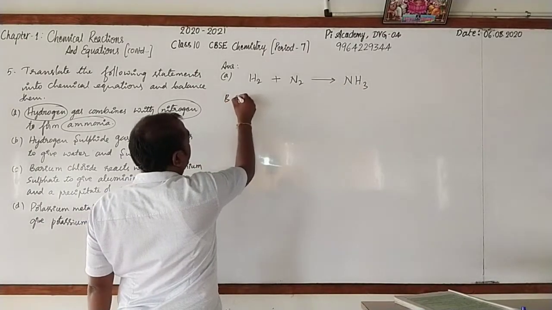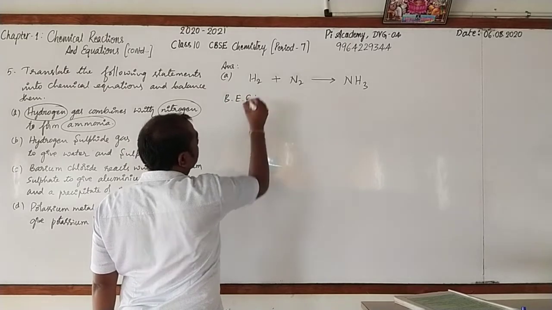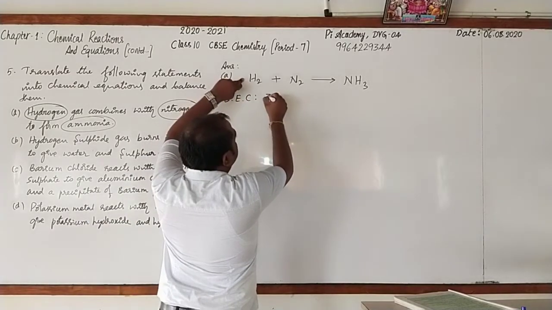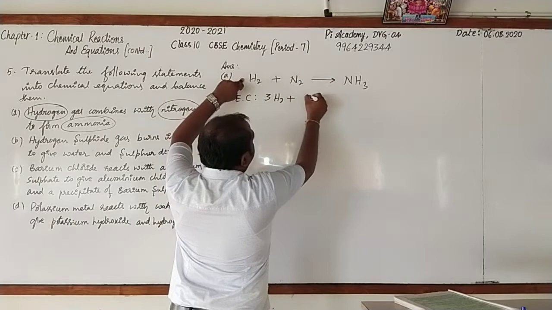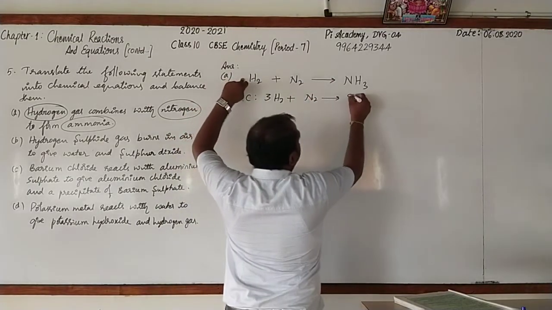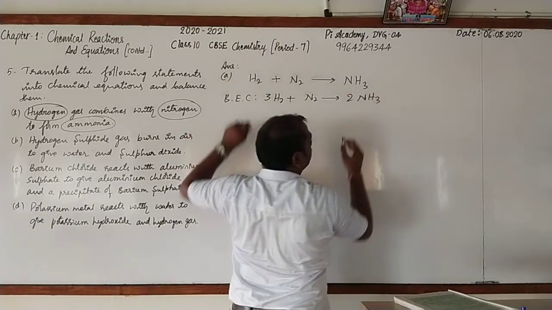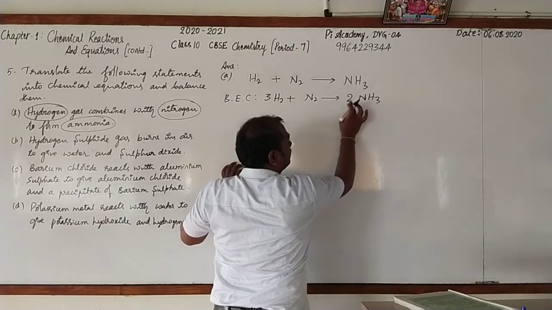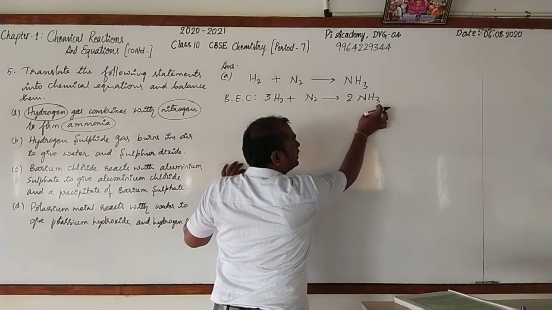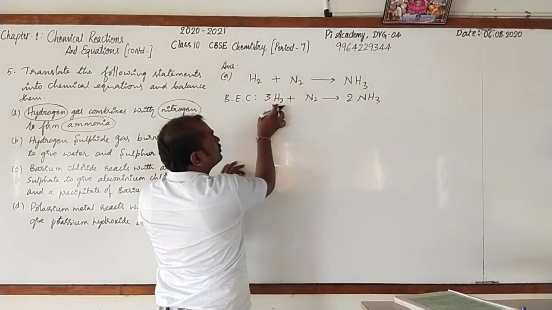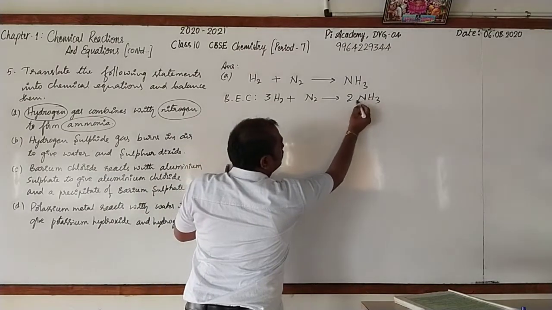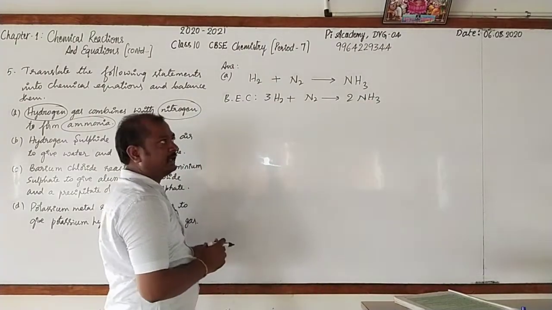Here I'll write the balanced chemical equation: 3H2 plus N2 gives rise to 2NH3. See that 3 is there, we have multiplied by 2, 2 3s are 6, here 3 2s are 6. Whereas nitrogen, 2 atoms of nitrogen, it is balanced.